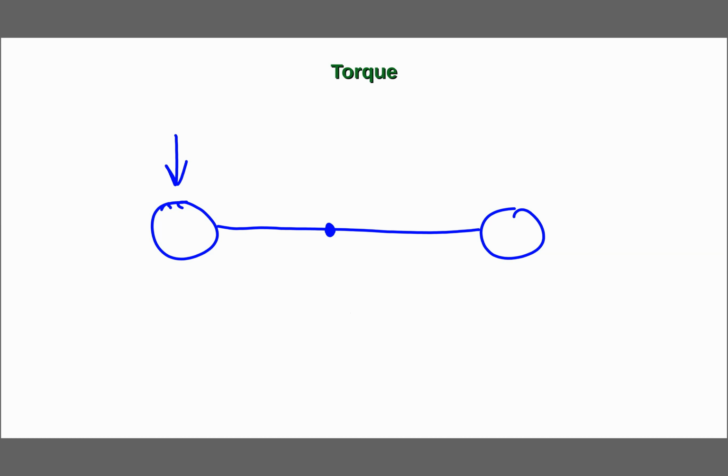Because the distance r from the axis of rotation is going to be different for every little piece of the object. But we can correctly account for this effect by assuming that all of the mass of the object is located at the center of mass of the object, okay?